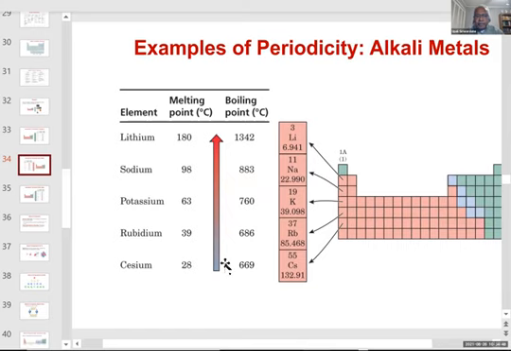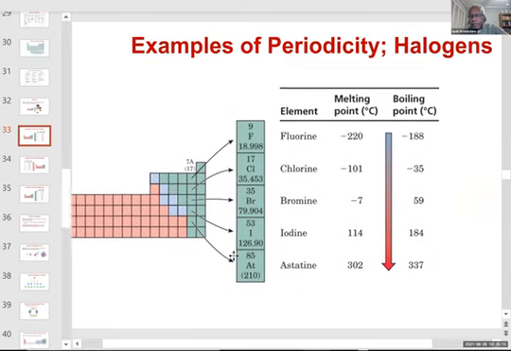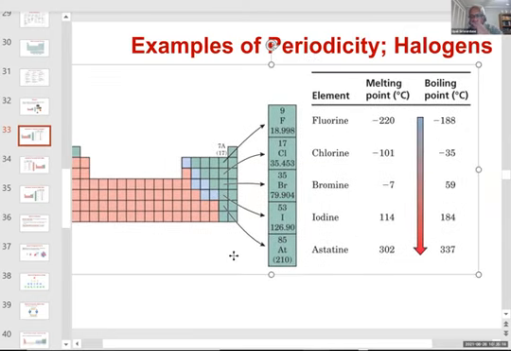For the non-metals, melting point and boiling point increase going down. For the alkali metals, the melting point and boiling point decrease in the opposite direction.